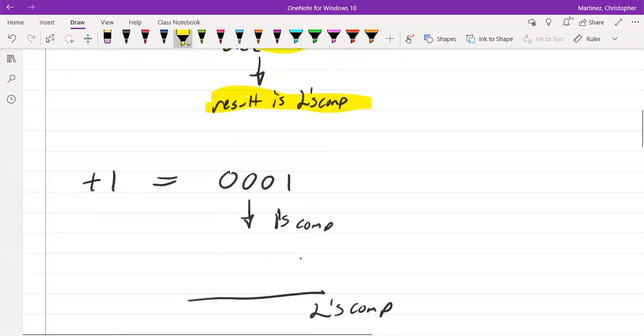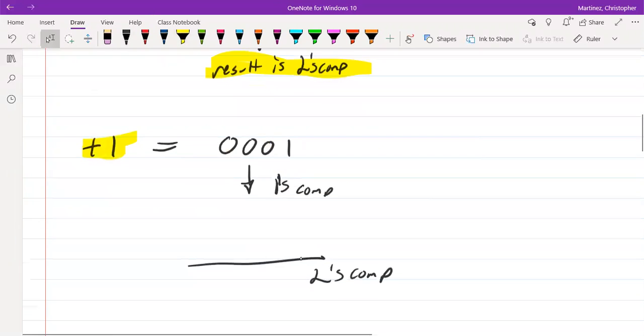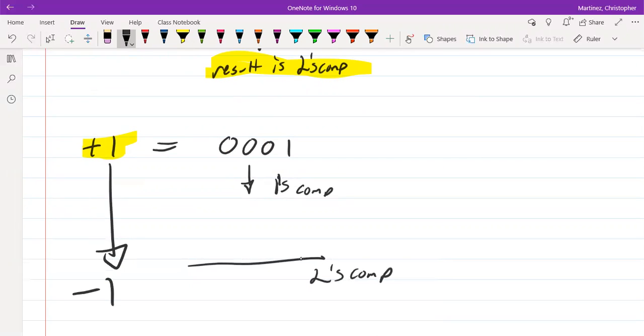All right, so let's do an example. Let's say I want to represent positive 1. I'm going to want to change that into negative 1. How do I go about changing it? Positive 1 is represented as 0, 0, 0, 1.